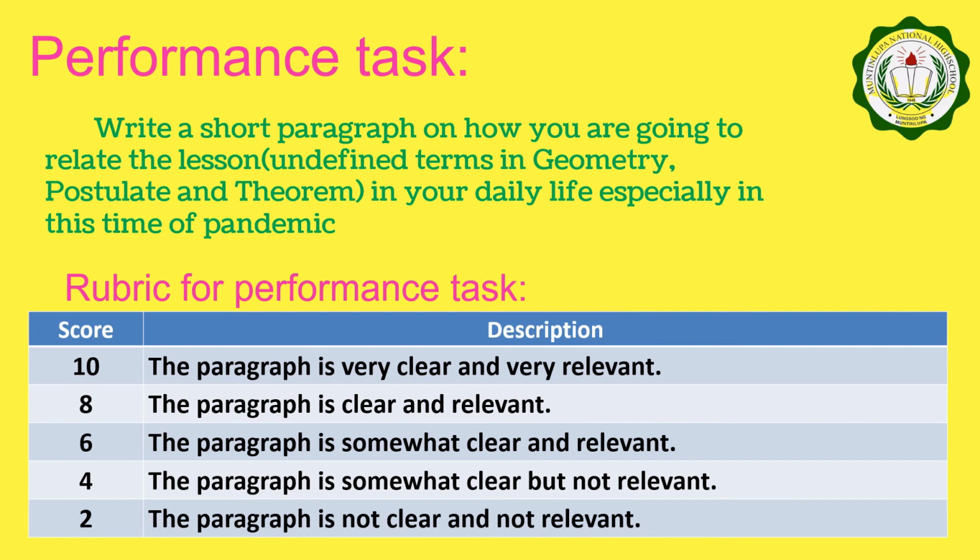If the paragraph is clear and relevant, that is 8. If the paragraph is somewhat clear and relevant, that is 6. If the paragraph is somewhat clear but not relevant, that is 4. And if the paragraph is not clear and not relevant, then that is 2. Is it clear now?